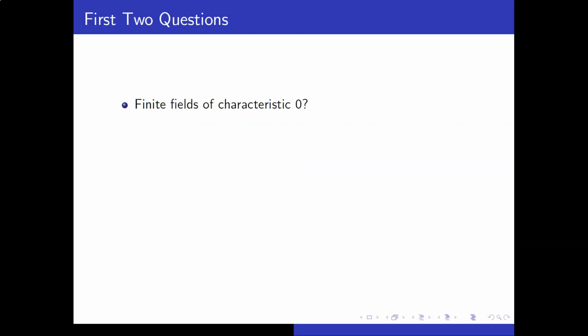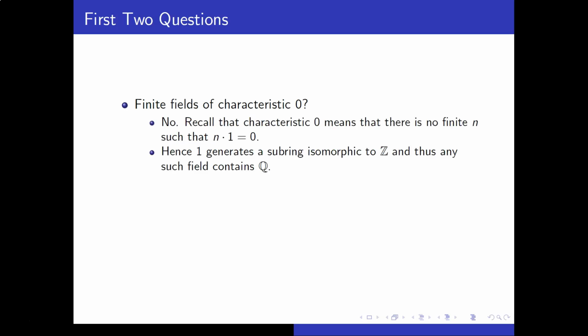Are there finite fields of characteristic zero? We already know the answer to this question. It really just can't happen. Recall, if it's characteristic zero, that means if I take one and add it to itself, I never get zero. Well, if that's the case, then I can add one to itself arbitrarily many times and never get the same value back.